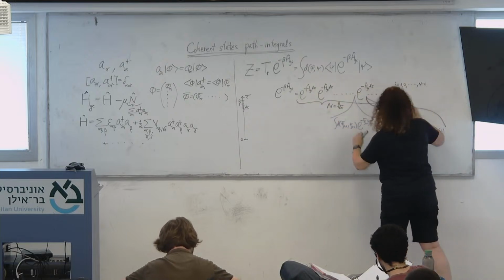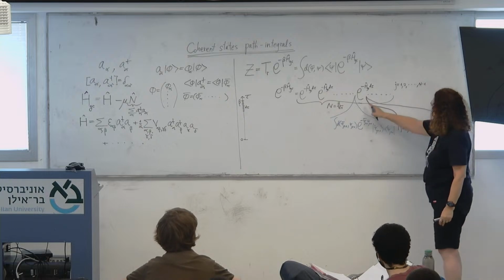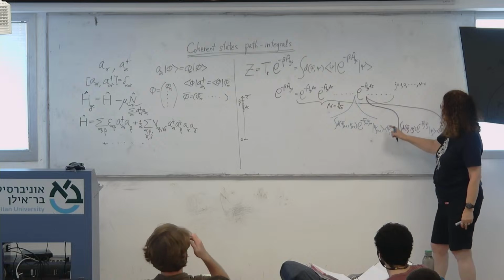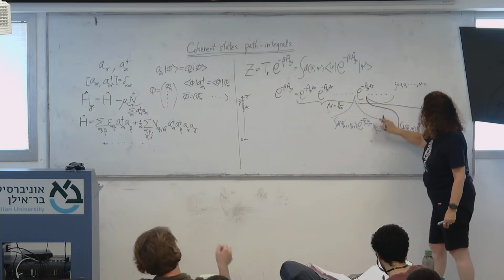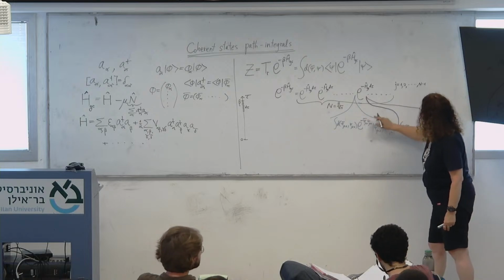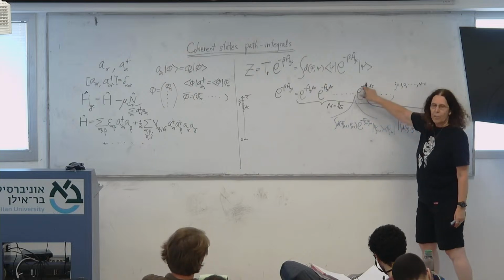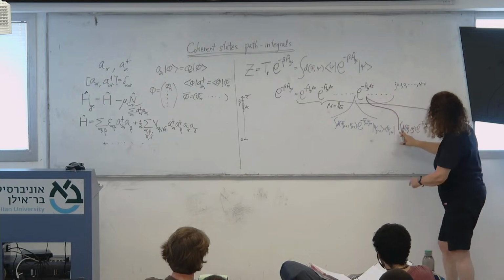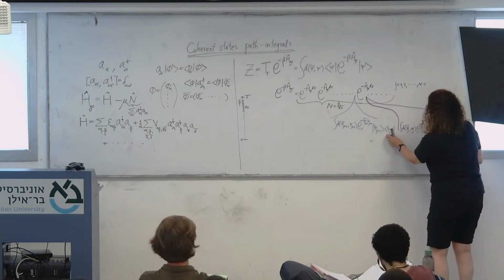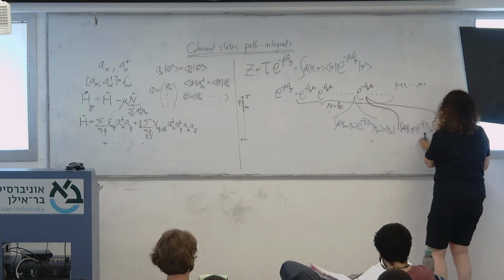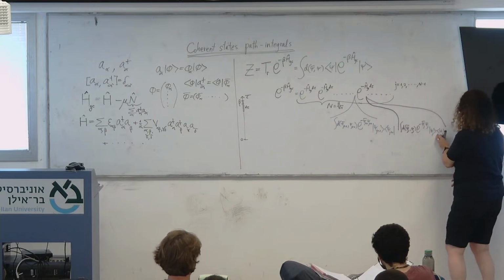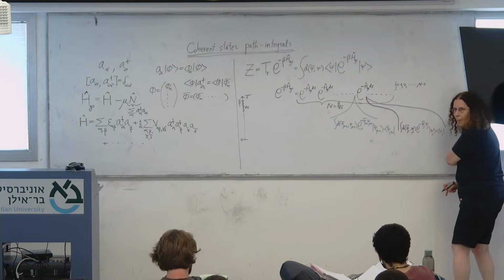And I have here a big string of such products. So you see, as a result of this operation, what I get is that the operator e to the minus h d tau will be sandwiched between psi j plus 1 and psi j. And then the next one between psi j and psi j minus 1, and so on and so forth.